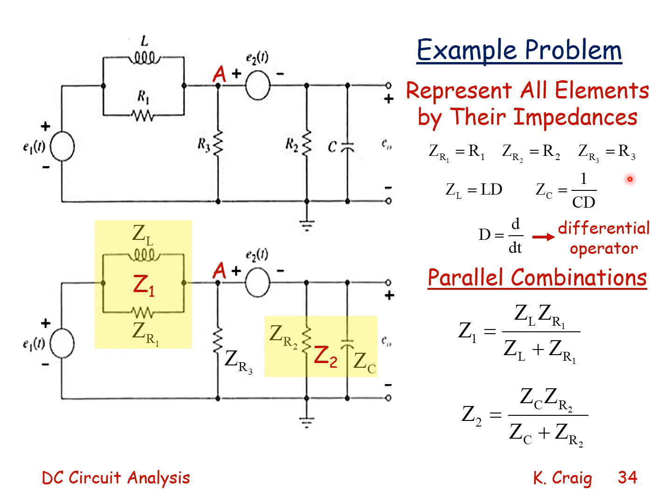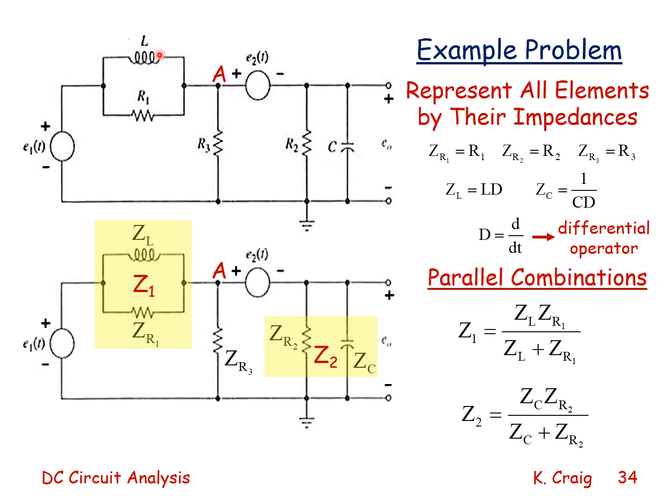Here we have an example problem. The problem shows two voltage sources, E1, a function of time, E2, a function of time. And while we have not talked about inductances or capacitances, I include an inductor and a capacitor in this example.